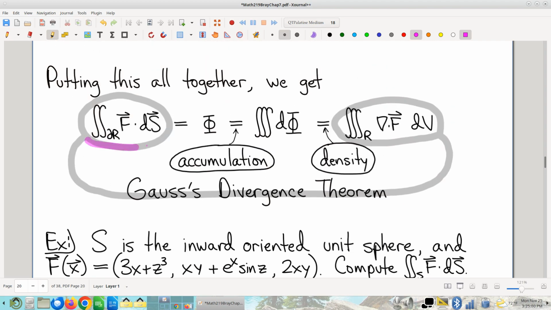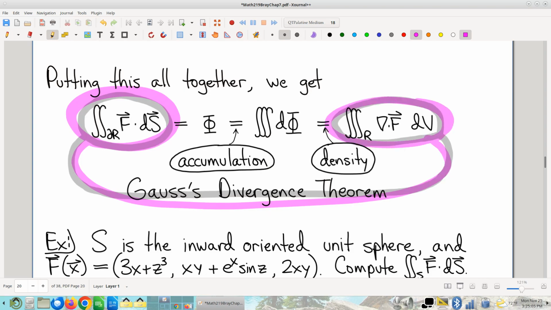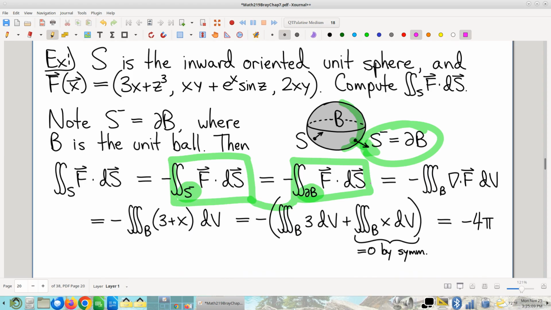The divergence theorem says boundary flux is a triple integral of divergence. So here we go. Boundary flux is triple integral of divergence. And of course, that minus sign comes along for the ride, as of course it must. Is everybody good? Everybody's happy? All righty.